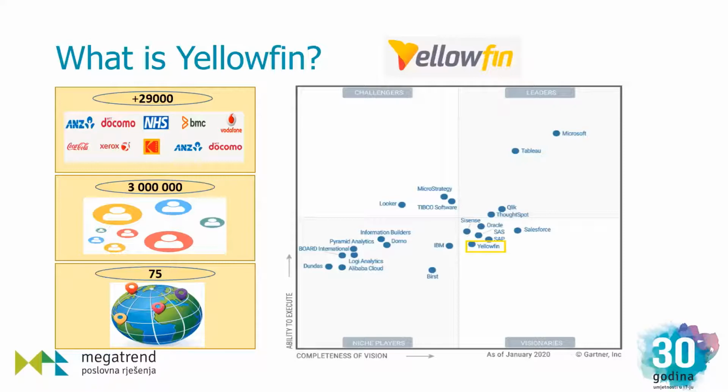It has also been positioned as a visionary in the Gartner Magic Quadrant in January 2020, which makes it one of the leading companies that can serve any BI need you may require.